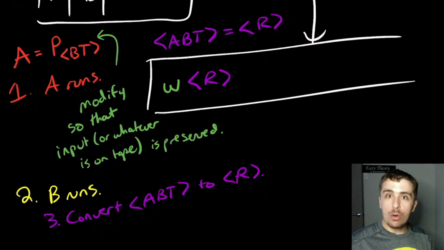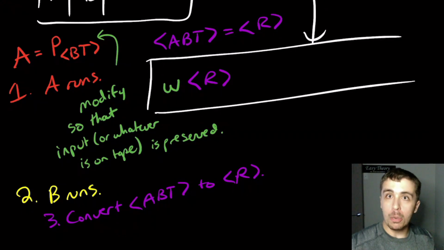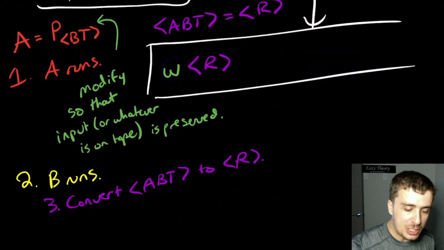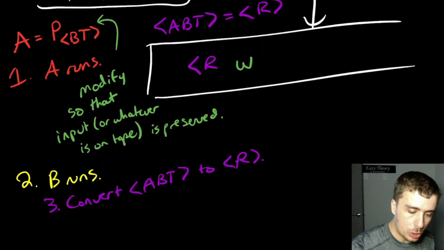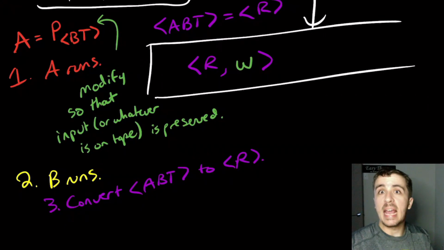Now what's going to happen is we're going to combine all of these things together into an appropriate format in order for T to take over to be able to do its thing. So now this W is going to be moved over here and merged with R. So then now we have a proper Turing machine with an input.